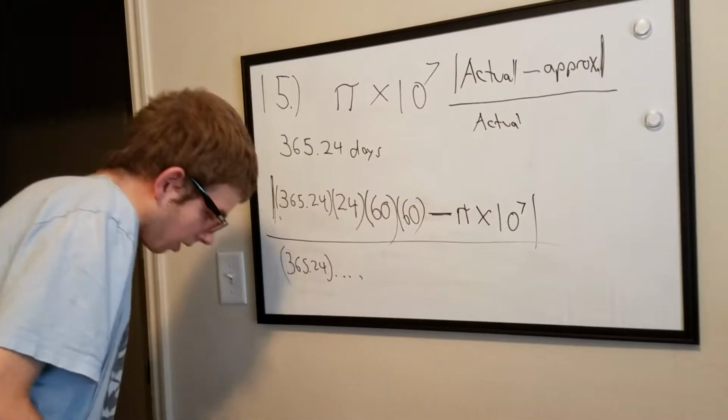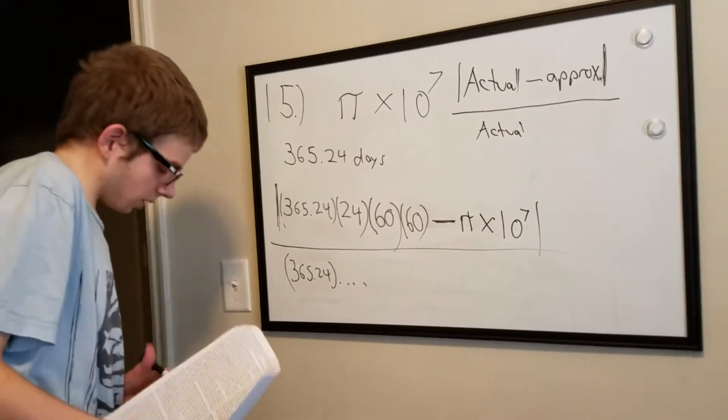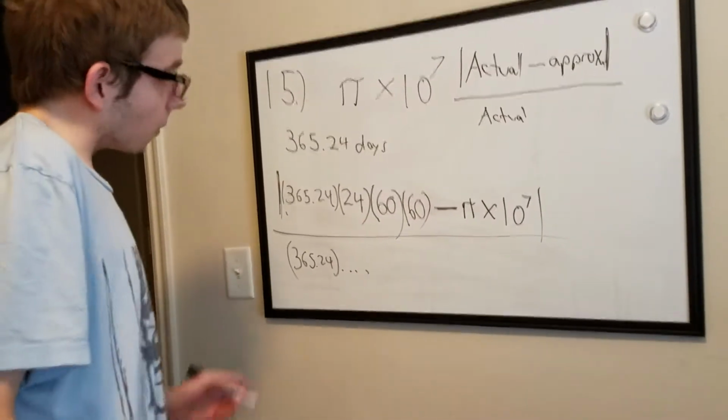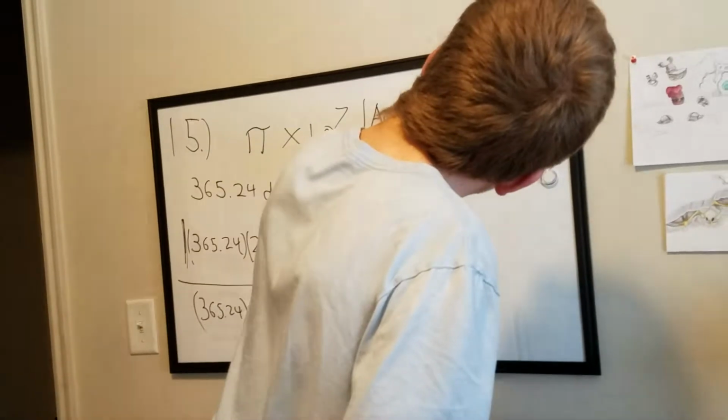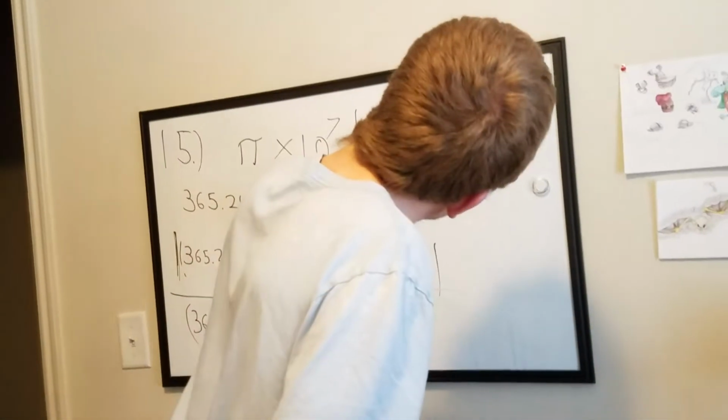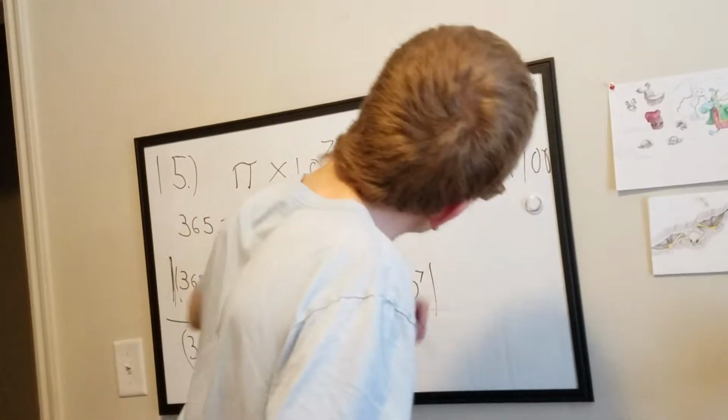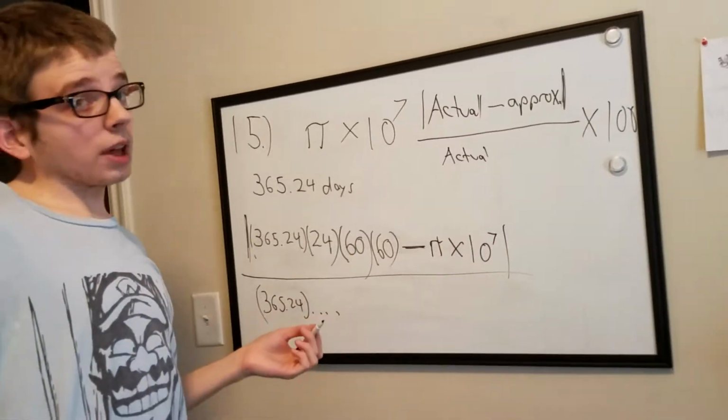If you were to calculate all of that out and keep track of significant figures, oh, and one more thing, almost forgot. In this equation, there's also a times 100 right here. That just makes it easier when getting the percent.